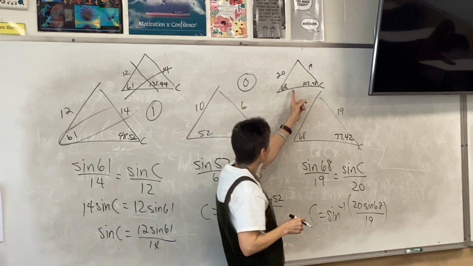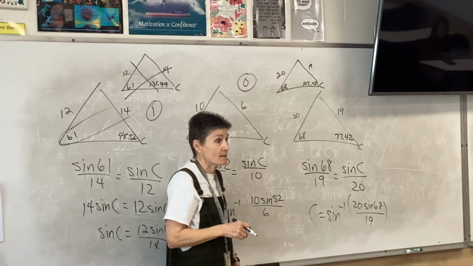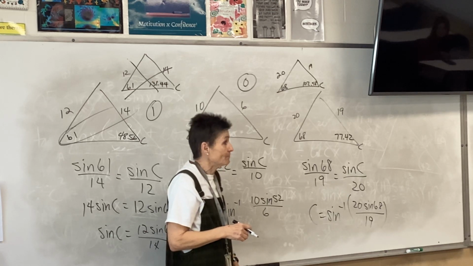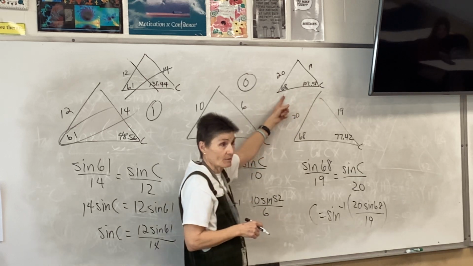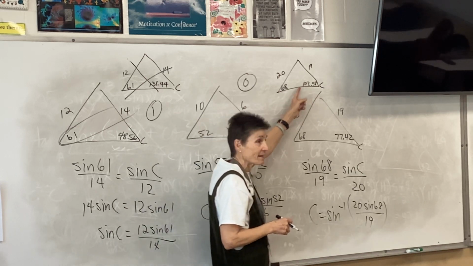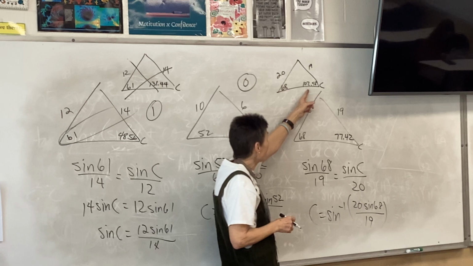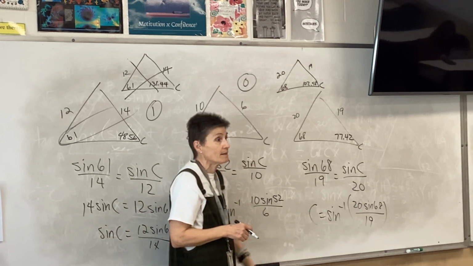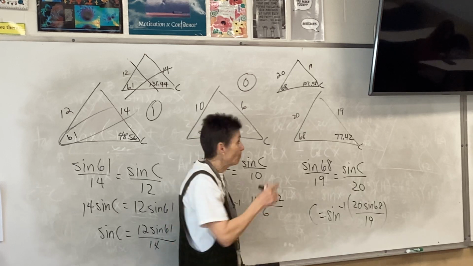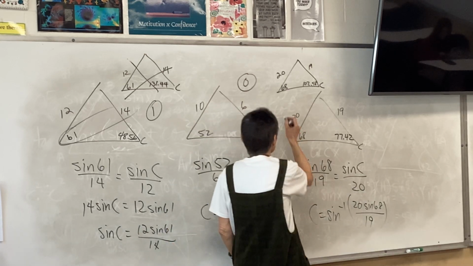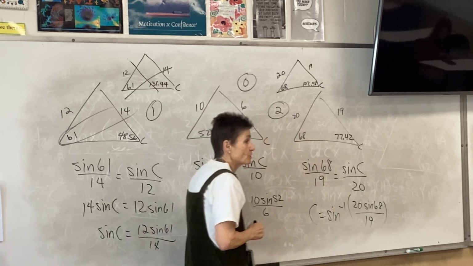Can I have a 102 and a 68 in the same triangle? I can. Because these two added together, and it's these two I'm adding, kids, right here, the new angle C and the 68, those two are less than 180. So both triangles are possible, two triangles.